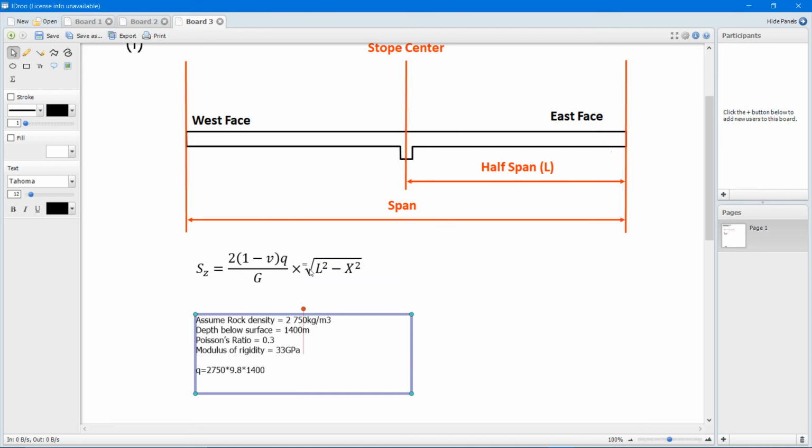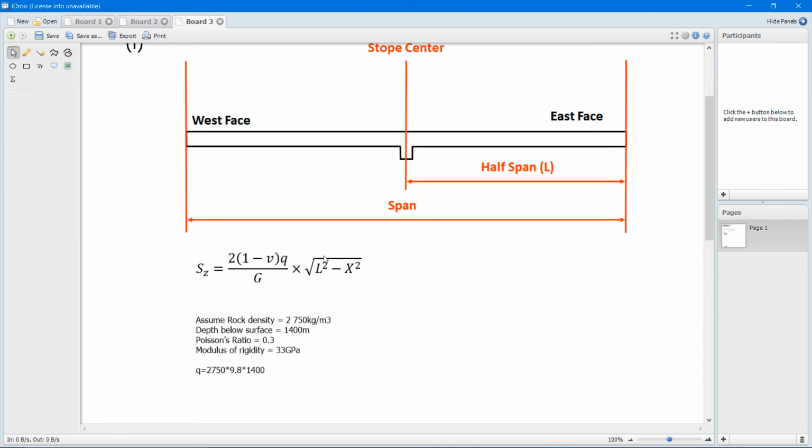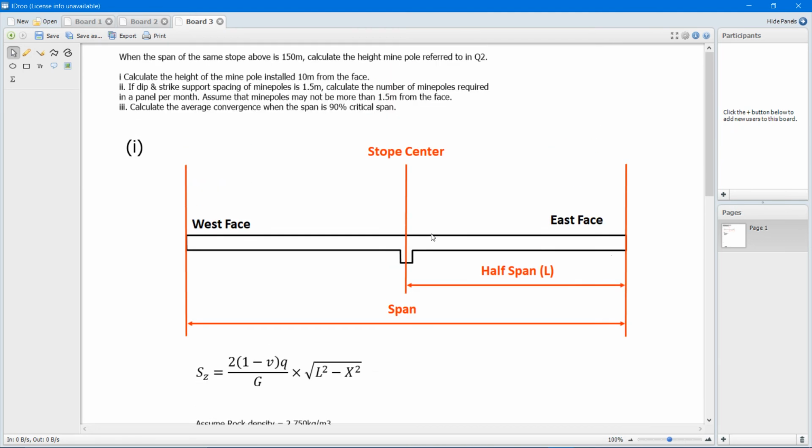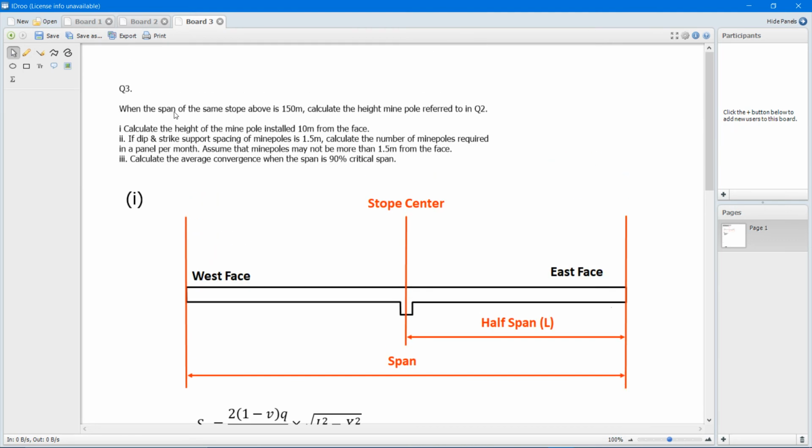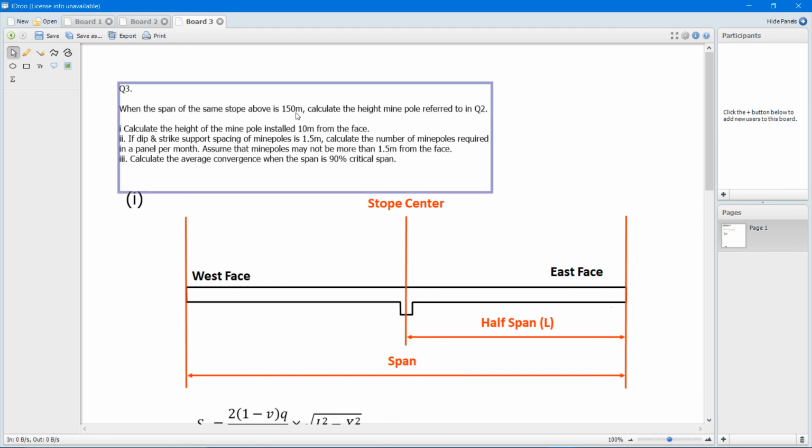Right. Now, okay, where did this equal sign come from? Sorry about that. You're multiplying that with the square root of L squared. L being the half span, right? Now, here we've been told that the span of the same stope is 150.